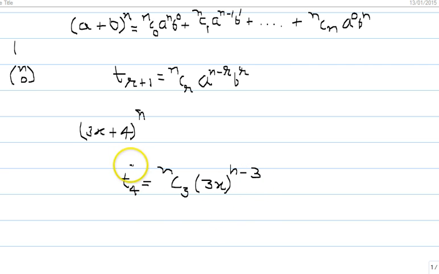Now the second term over here is 4, so I will write 4 as it is, and the second term is going to take power equal to the subscript, and the subscript is 3, so the power of 4 is going to be 3. So this is how we write the general term, or this is how we use the general term in the expansion of the binomial theorem.